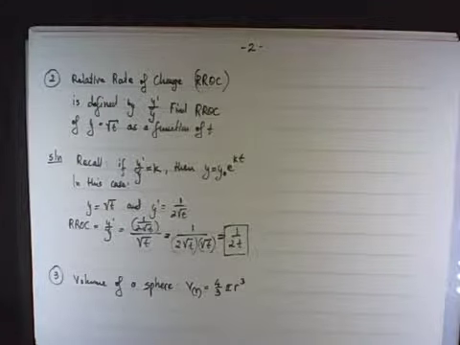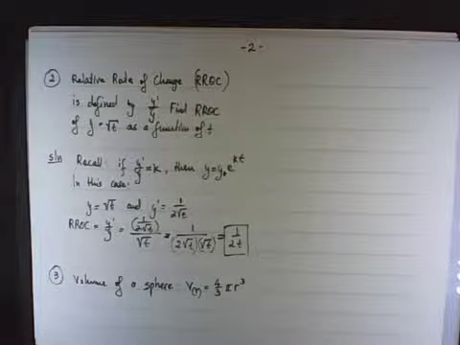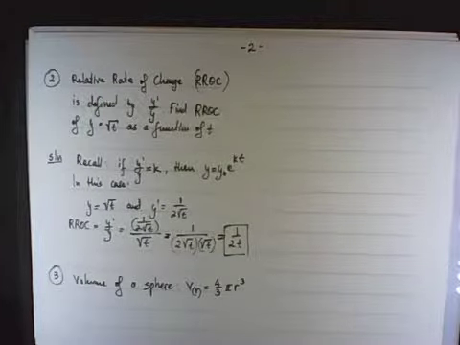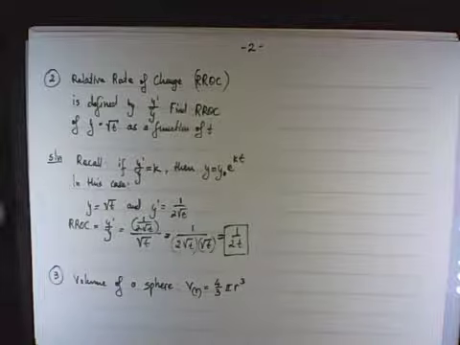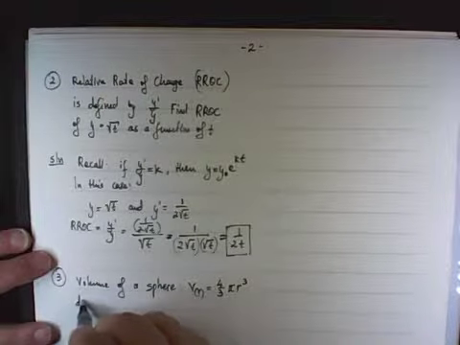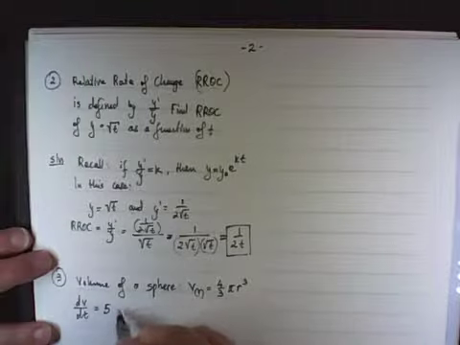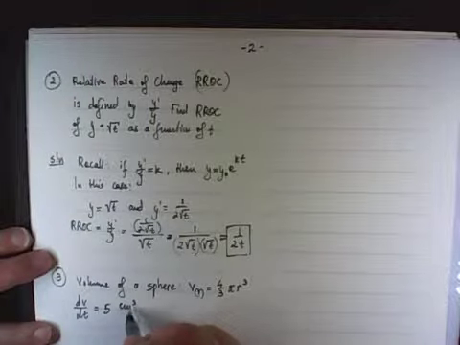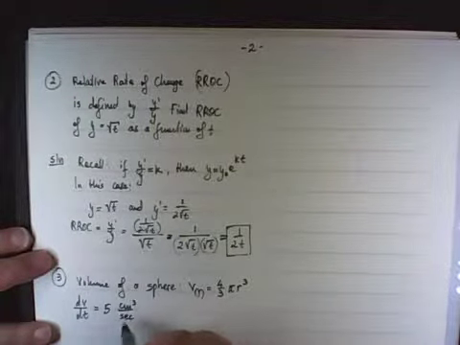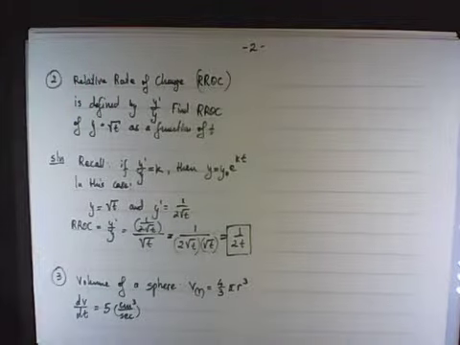Okay, so what's given to us is that the volume of the sphere, dV/dt, is increasing at the rate of 5 cubic centimeters per second. So we have that dV/dt is positive, the volume is increasing at the rate of 5 cubic centimeters per second. This is given.